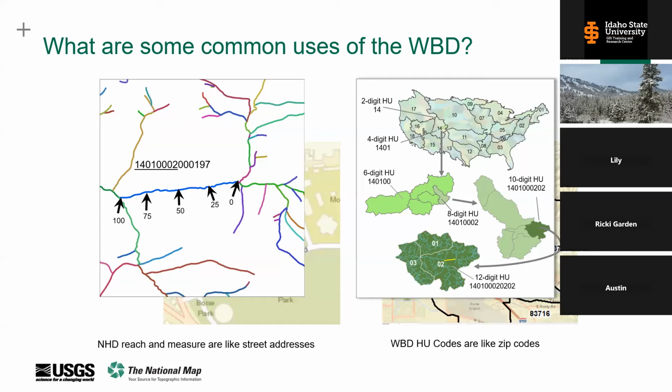We are integrating the boundaries to the surface hydrography and iteratively updating the two data sets as things change on the landscape. So we oftentimes refer to and think of the NHD reach and measures like street addresses and the WBD hydrologic unit codes like zip codes. So these two data sets are continually talking to each other and working in tandem.